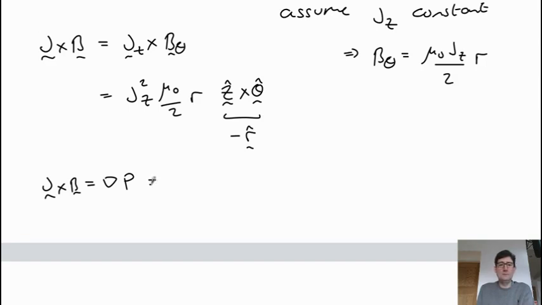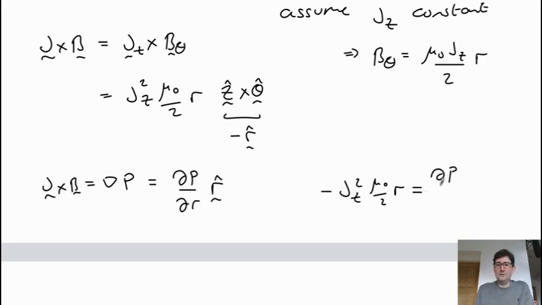And so this grad P, we can write as dP by dr times the unit vector in the radial direction. And so this whole equation we just write as J_z squared mu naught over 2r. We get a minus sign, because here we have a minus, and that's equal to dP by dr.